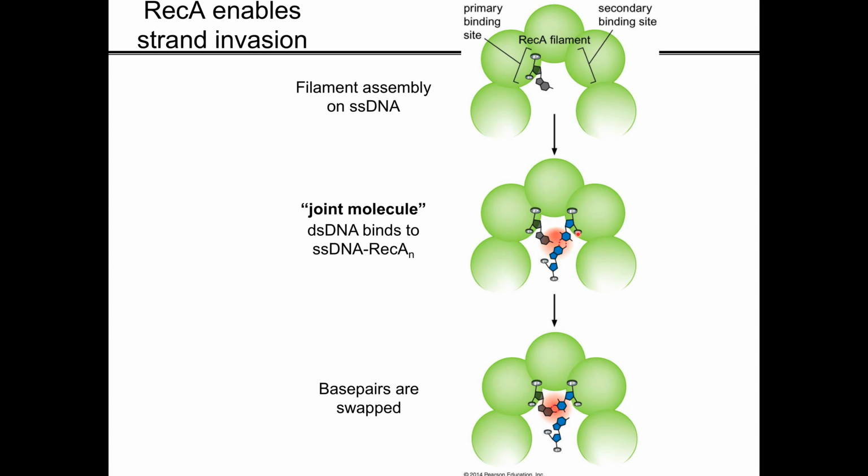So basically what's going to happen is this guy binds, but it's in an energetically unfavored conformation, and the lower energy conformation of this complex is going to be where the single strand that invades base pairs with one of the two double strands.